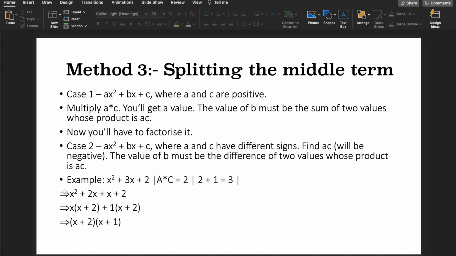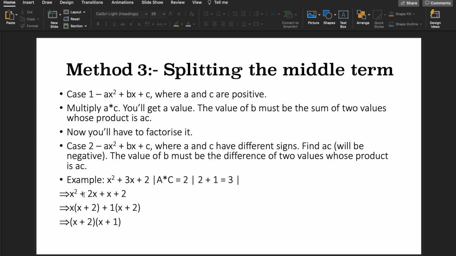Just make a note of it. So it implies x squared plus 2x plus x plus 2. These two are equivalent and we have just split the middle term. That's why it's called splitting the middle term. So now we'll just have to factor it.